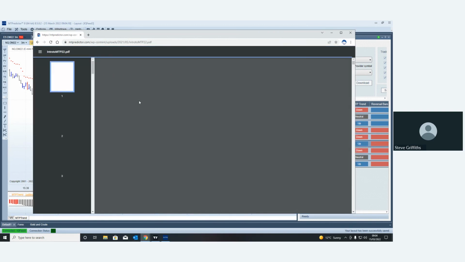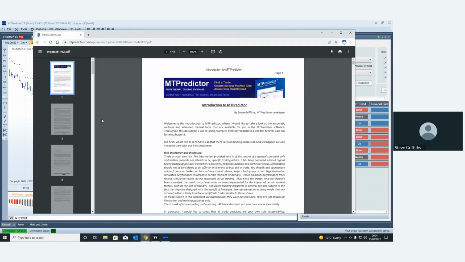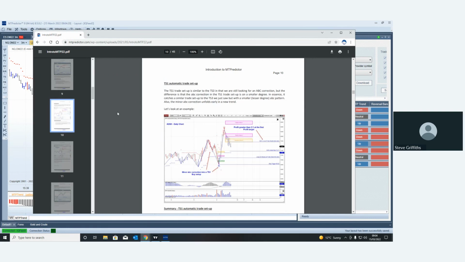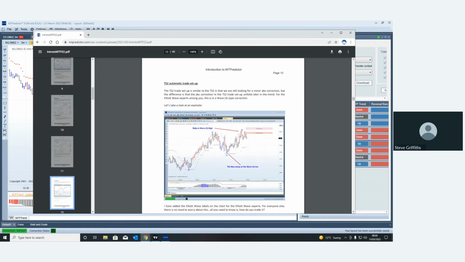If you click on this, this is about a 50-page document, I think something like that, 45 pages, that will go through our setup. So it'll go through what the TS1 is, TS2 is. So it'll go through in detail exactly what the setups are. Which is some good reading for all of you from time to time as well.